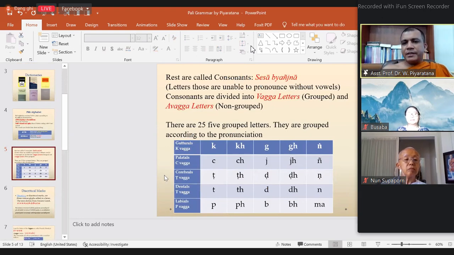Okay, so beside these eight vowels, the remaining 33 letters we call consonants or byanjana.